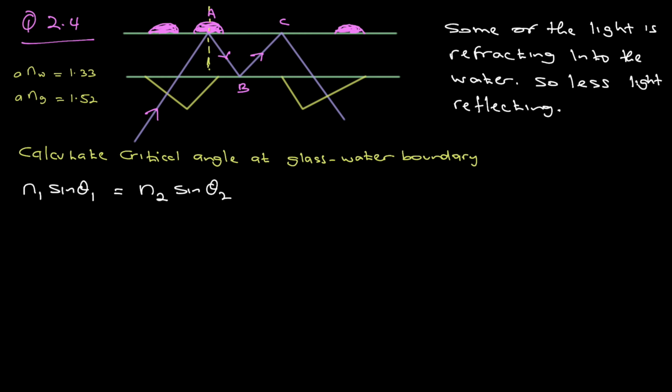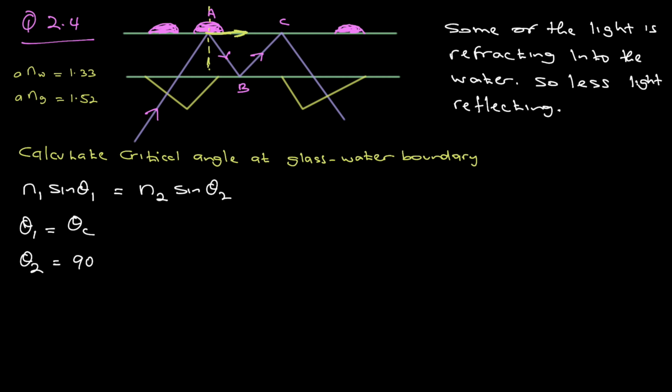For the glass, we expect theta 1 to be equal to the critical angle, because that's the one going in. And for the water, at the critical angle we expect theta 2 to be 90 degrees, so it goes along the surface.